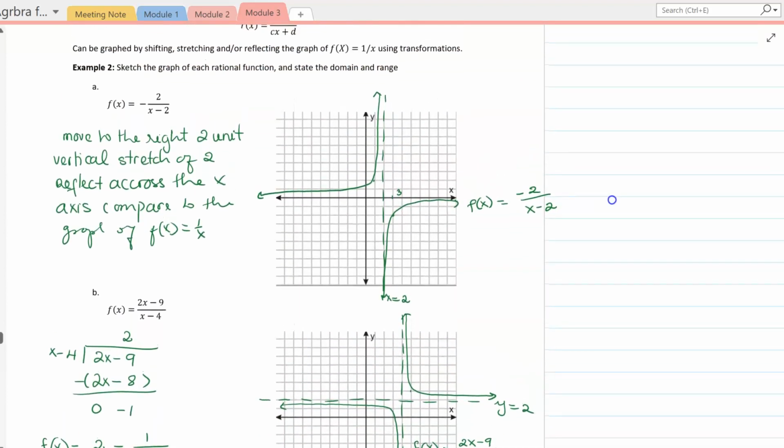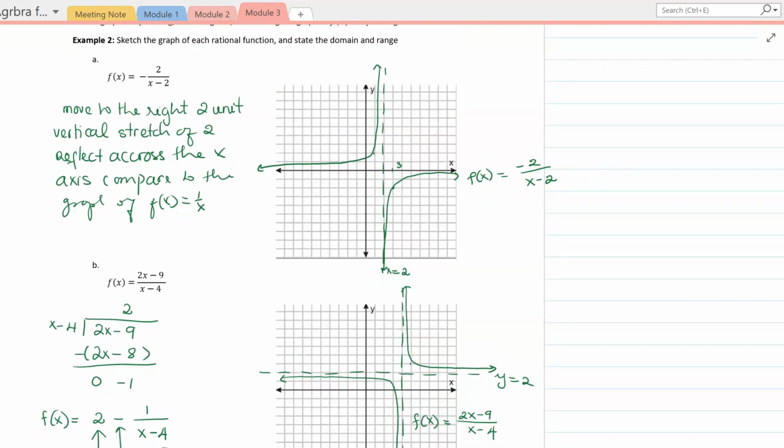Okay, so the domain and range. Let's talk about the domain. In our first graph, the domain is from negative infinity to 2 union with 2 to positive infinity. The range is from negative infinity to 0 union with 0 to infinity.